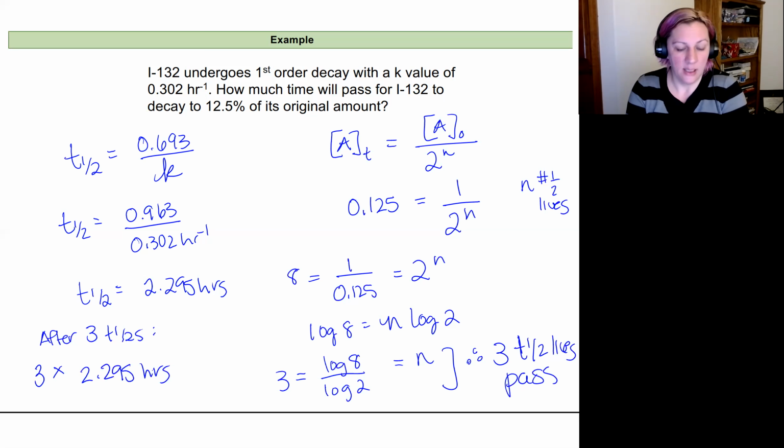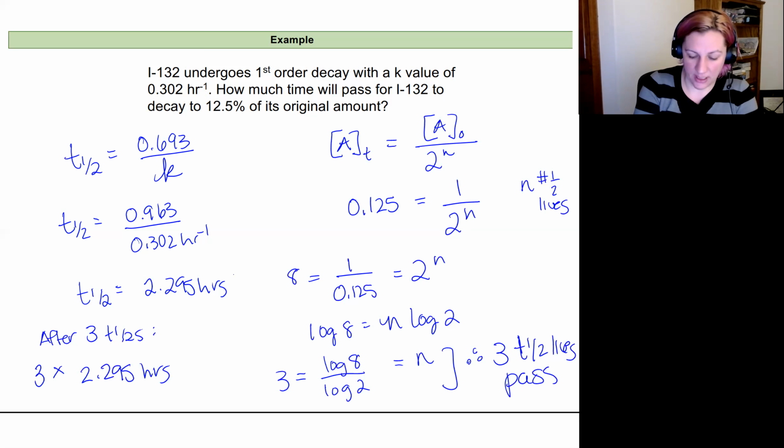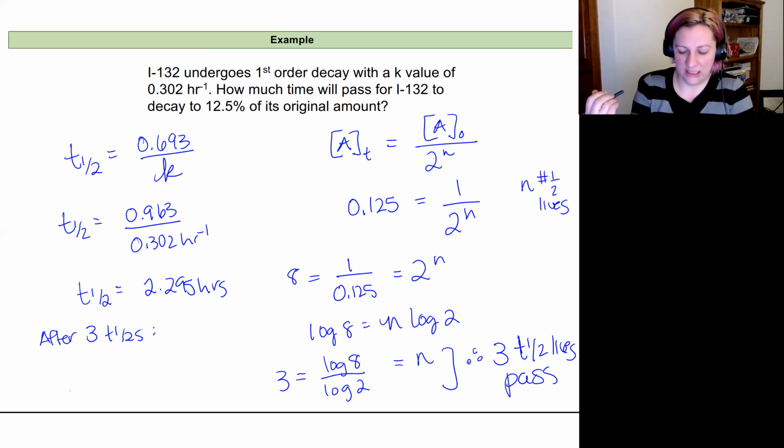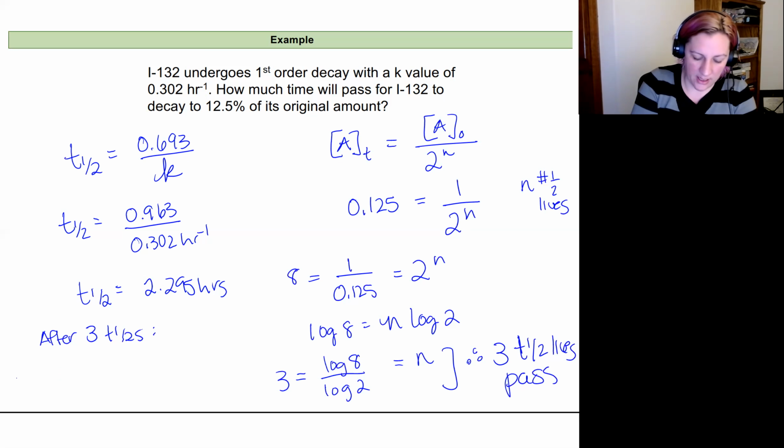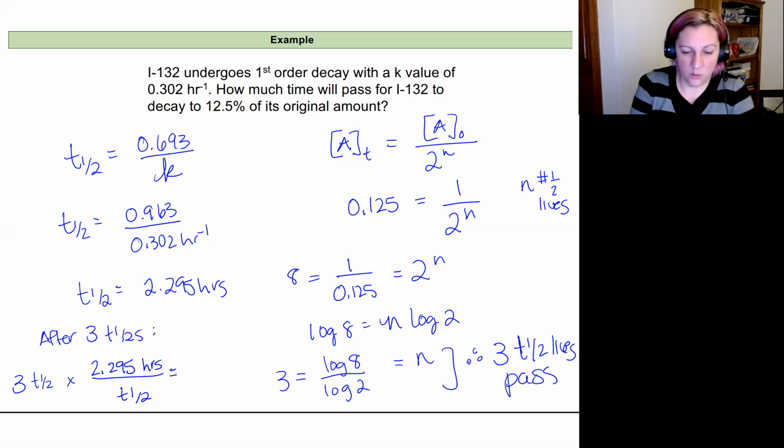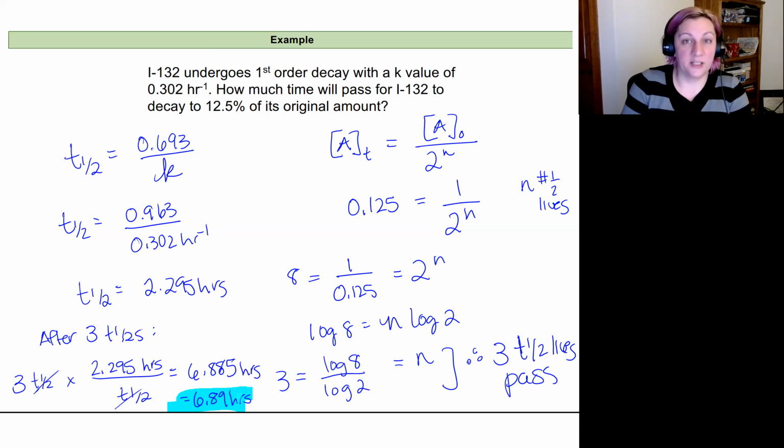If I wanted to write that out kind of in a dimensional analysis style, I guess what I could do is write 3 half-lives times 2.295 hours per half-life. And so those half-lives cancel out. And that's going to equal 6.885 hours, or 6.89 hours.